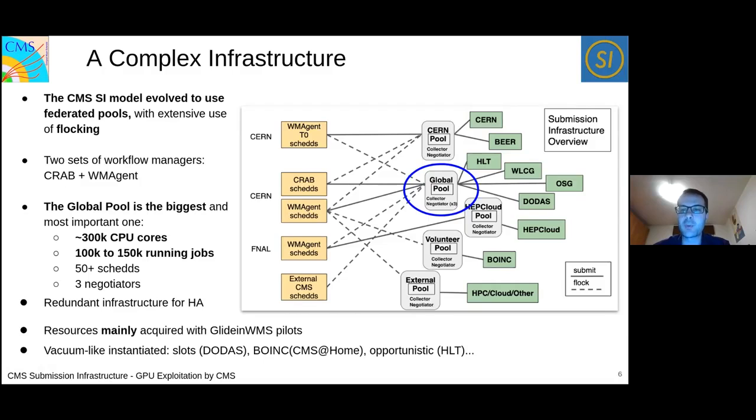And for those resources, the ones in green, we have different types of resources, and the main ones are the WLCG resources, and those resources are acquired through the GlideinWMS tool, which sends pilot jobs. Their role is to connect to the central manager in the global pool and create machine slots to be ready to be used by the different schedulers, by the different user jobs in the schedulers.